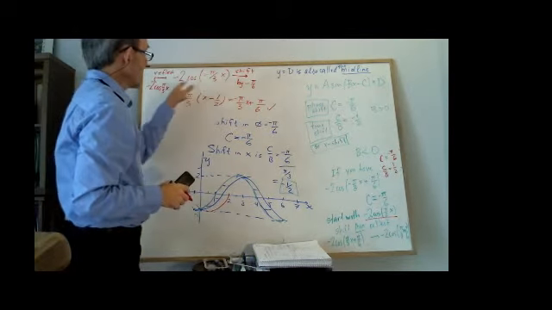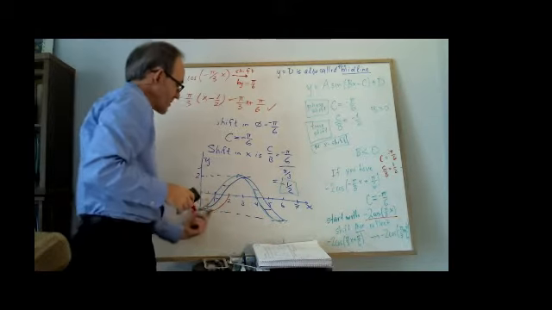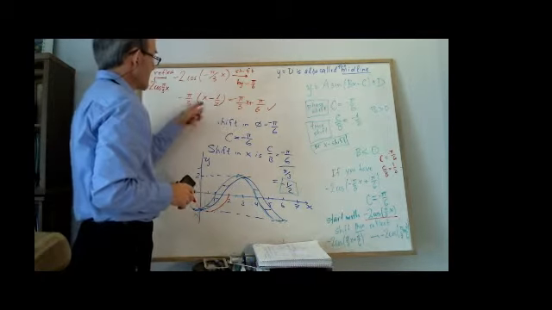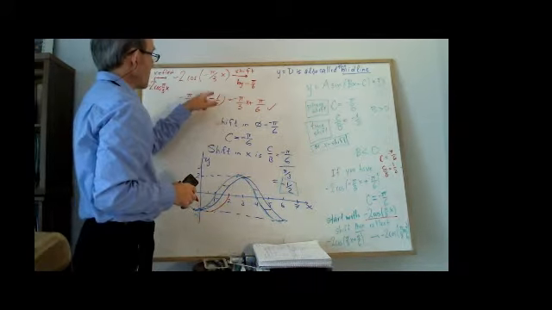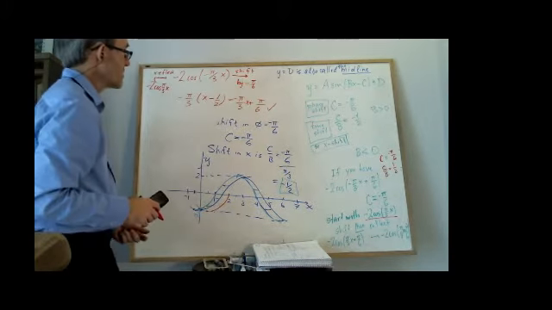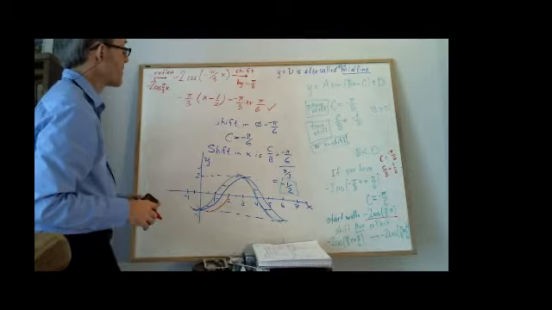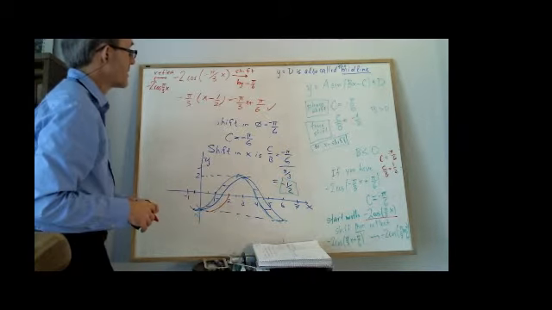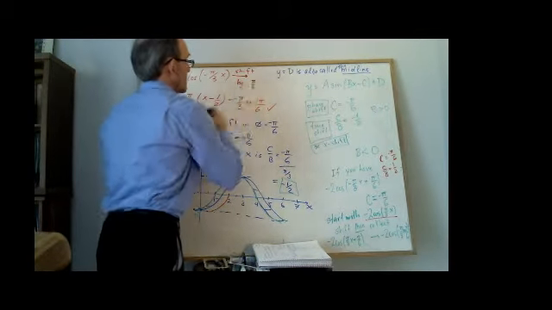And so this is just the same as before. But now when you shift, you have to shift to the right. The phase shift has to be plus pi over 6. Let's make that clear. To the right.